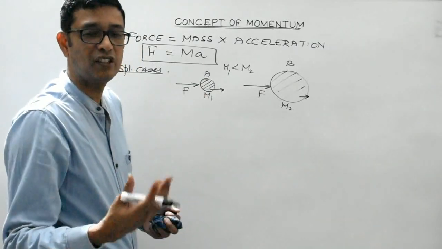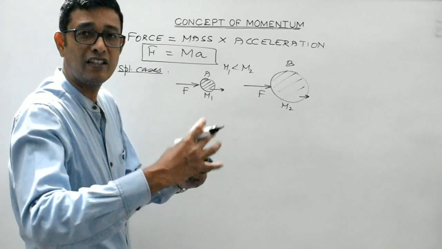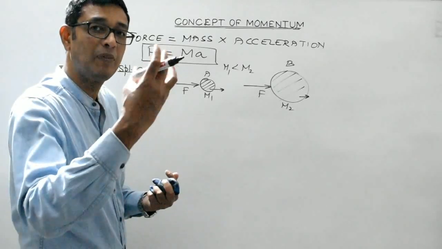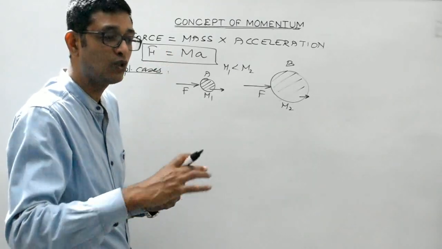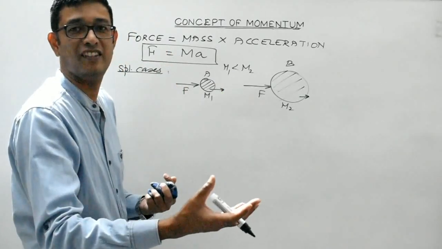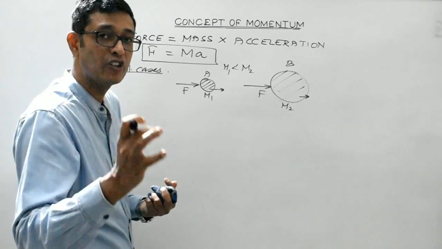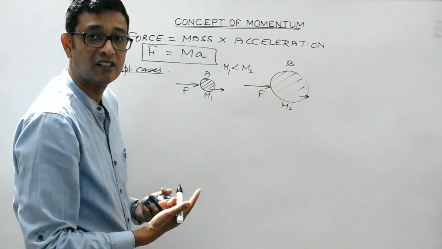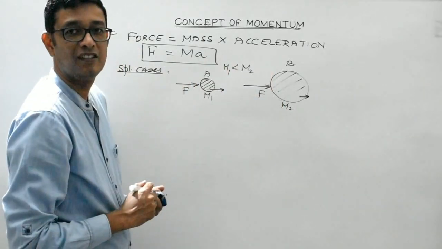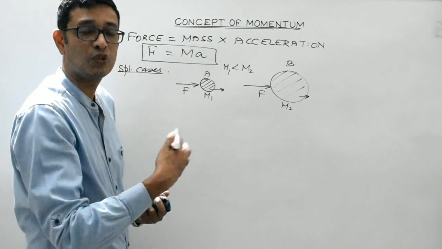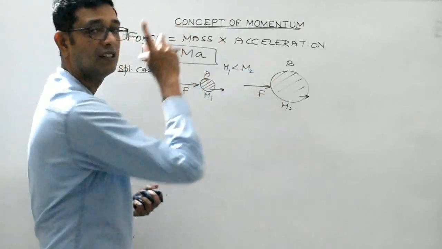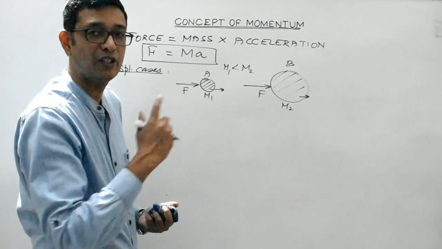And as we have discussed in the previous session, the greater the amount of matter content in the body, the larger the mass of the body, more will be the resistance offered by the body towards any change in its state. Isn't it? So mass gives the measure of the inertness of a body. So here, which body is more inert? The heavier one. And thus, to increase its speed or to change its state, a much larger force will be required in the case of the heavier body.